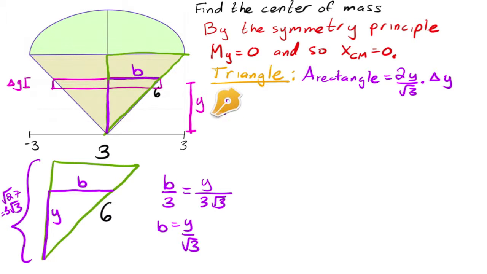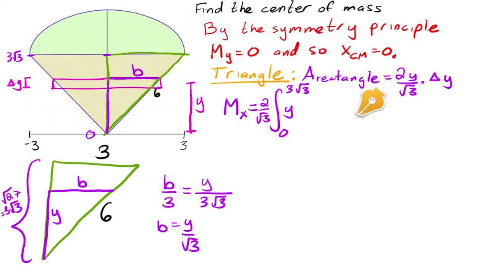Okay, so then the moment with respect to x is going to equal the integral, and this is going to be from 0 to the top right here. So this is 3 root 3. So from 0 to 3 square root of 3. And then this is going to be the area, which we just decided is 2 over square root of 3 times y, right here. And then the delta y, as delta y goes to 0, is going to give me the dy.